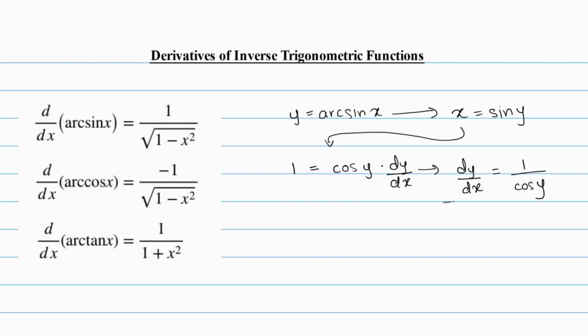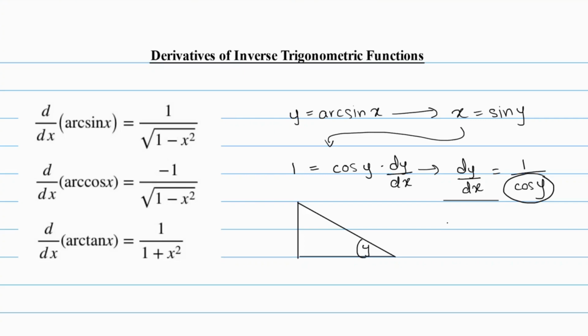Now what we want is dy by dx, however we have got it in terms of cos y, so in terms of y. We want to get this in terms of x, so we do a small manipulation. Just consider a right angled triangle with y being the angle.